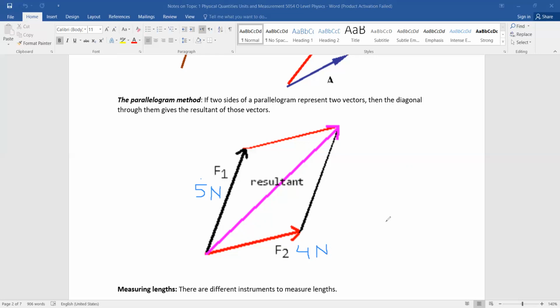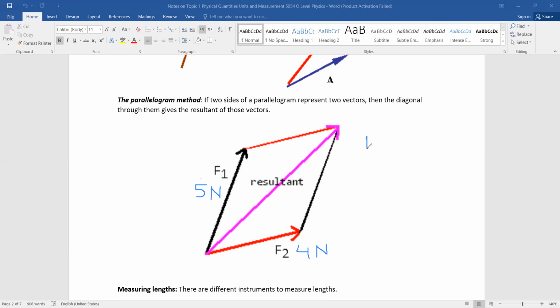in your copy or in your exam paper, you have to draw, right? 5 Newton. Maybe 1 Newton is 1 centimeter, you can consider, right?